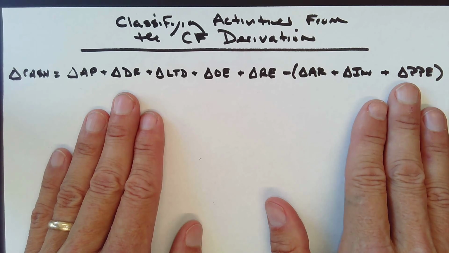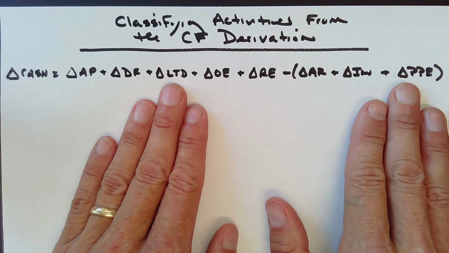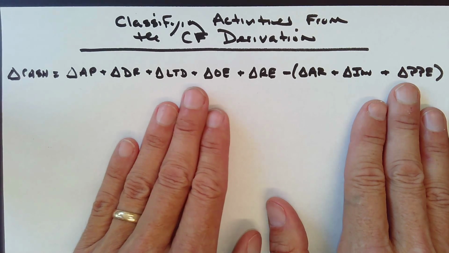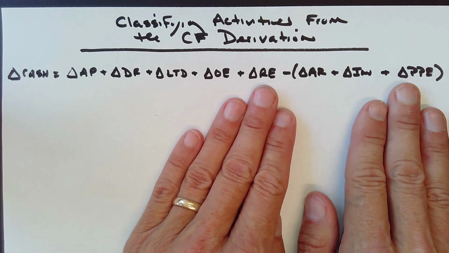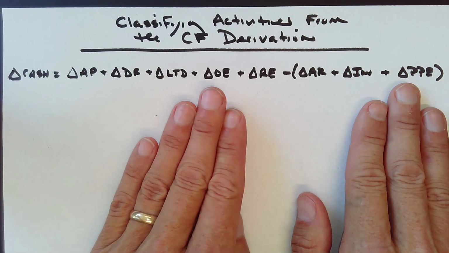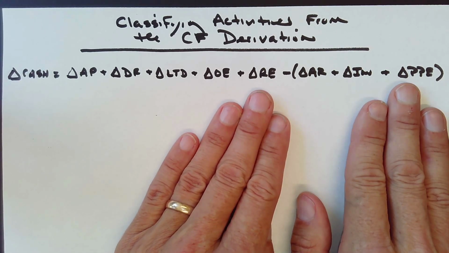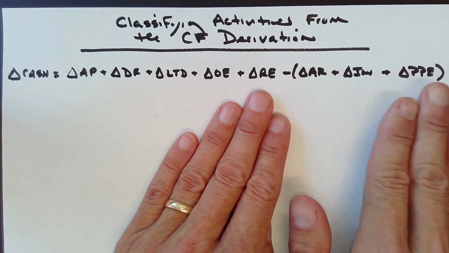Actually, three: long-term debt, owner's equity, and retained earnings. There may be things in these three particular accounts that may impact financing transactions or financing cash flows. So let's start with investing.